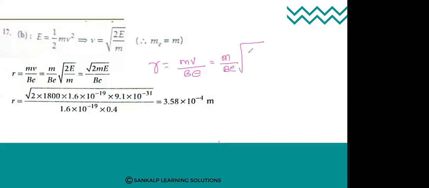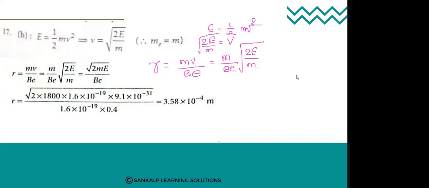Here velocity can be written as root of 2e upon mass. How are we getting this? From the kinetic energy expression. So kinetic energy is equal to half mv square. So now this equation we can write for velocity. So velocity is equal to, v square is 2e upon m, therefore you make it as under root of 2e upon m.